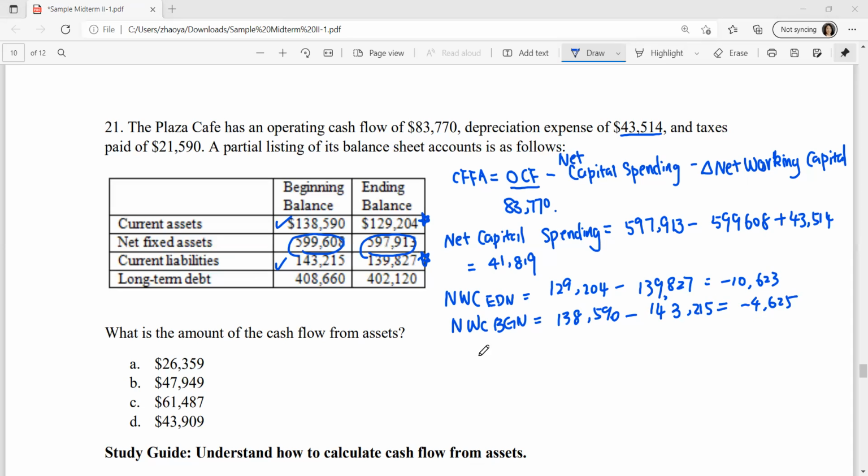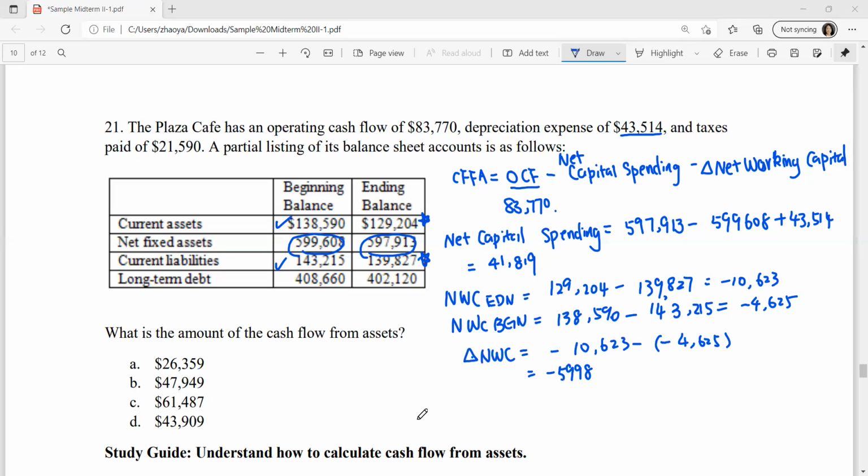So change in net working capital equals ending balance minus beginning balance. It's negative 5,998.